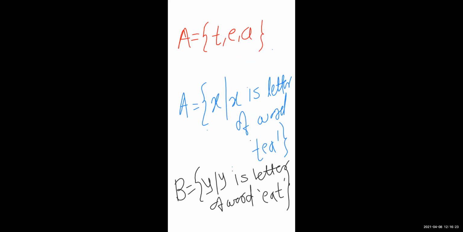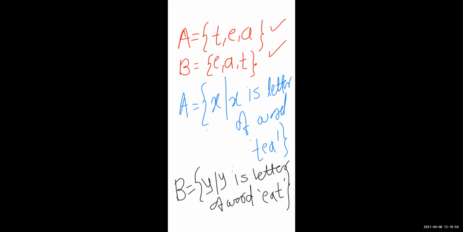So TEA. And the second one, the set B, the letters of the word EAT. Again, you will get E, A, T. Just focus on the elements of both sets. TEA or EAT. Both are equal.